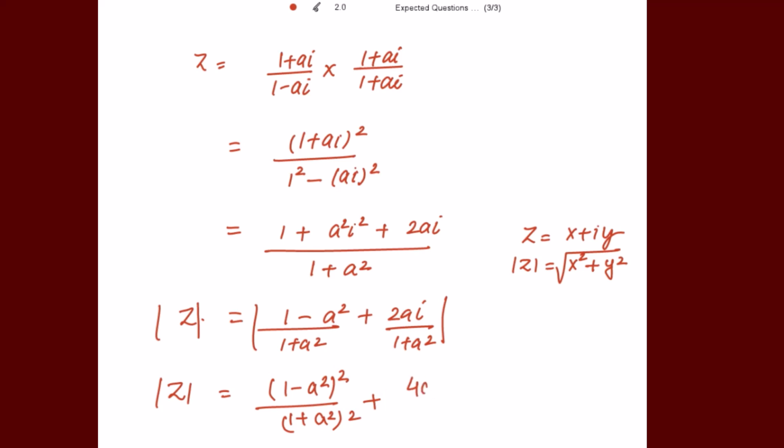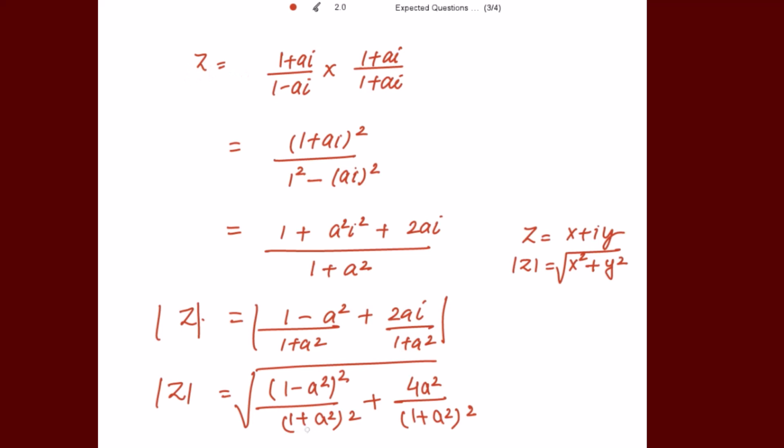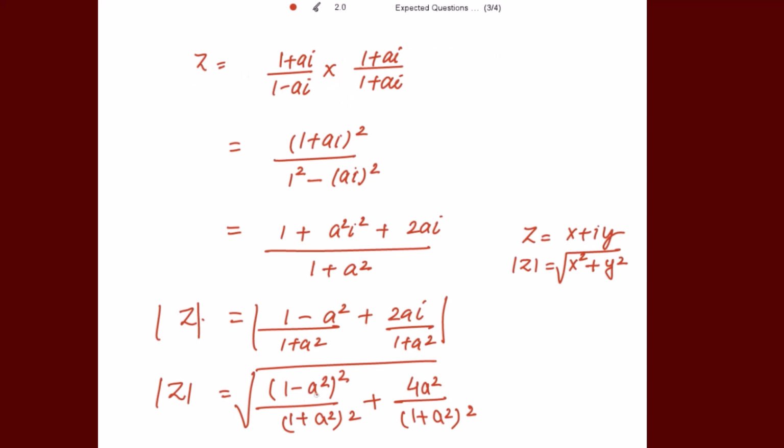So this is the square root of (1 − a²)²/(1 + a²)² + 4a²/(1 + a²)². Taking (1 + a²)² as common from the denominator, this becomes 1/(1 + a²) times the square root of (1 − a²)² + 4a².